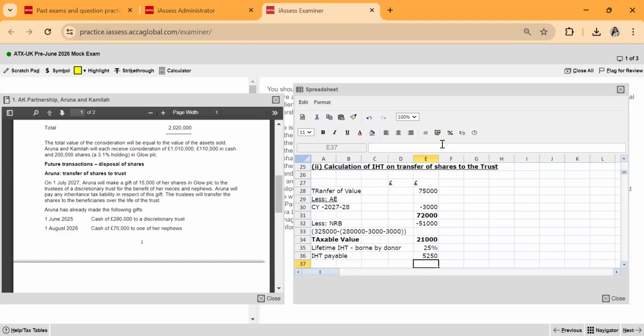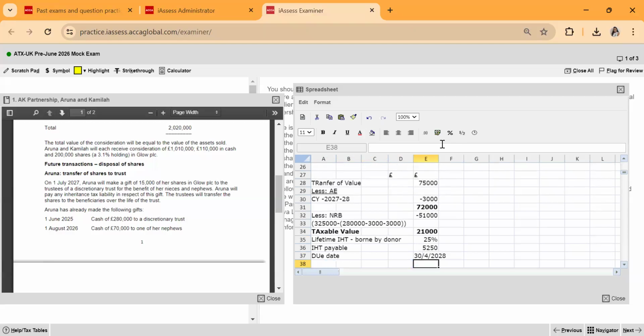So here, if that gift is made in July, the due date will be 30th April following the end of tax year. So tax year is 27-28. So the due date will be 30th April 28. Done.